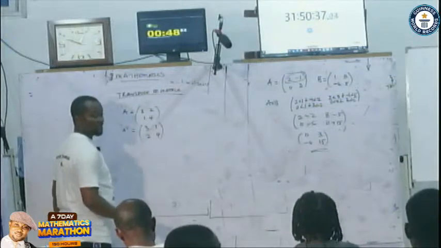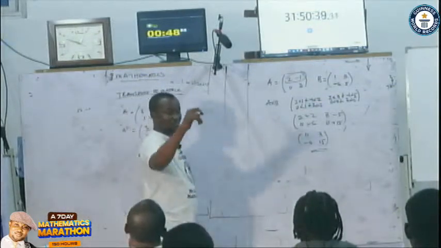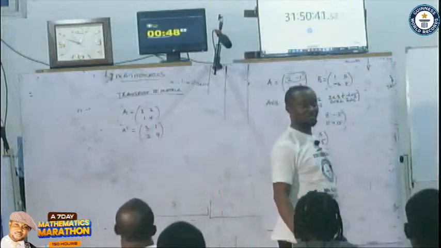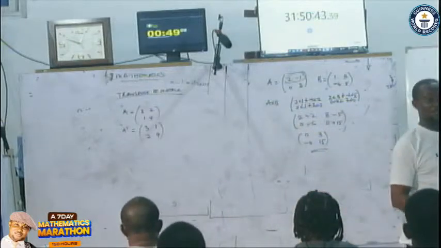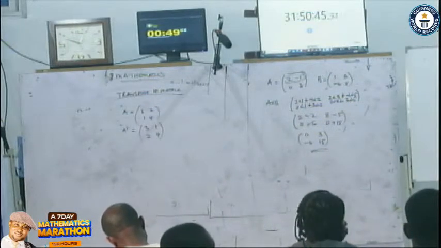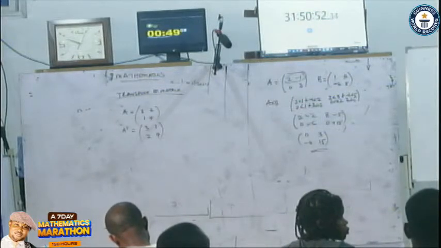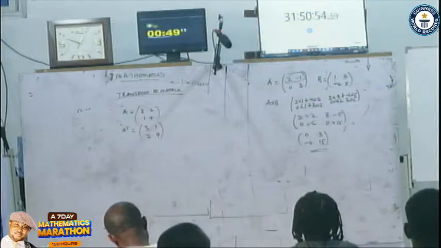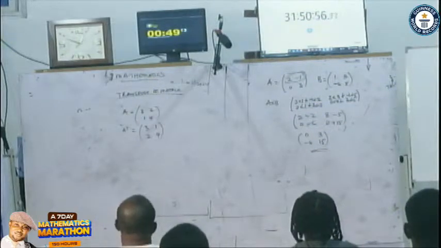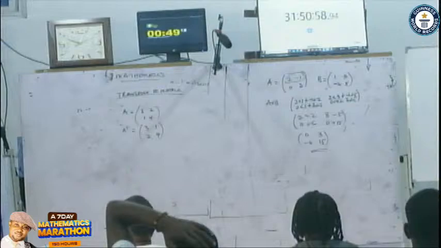Have you seen what I'm doing there? You don't understand. What did I do? Transpose just means take the row to the column.